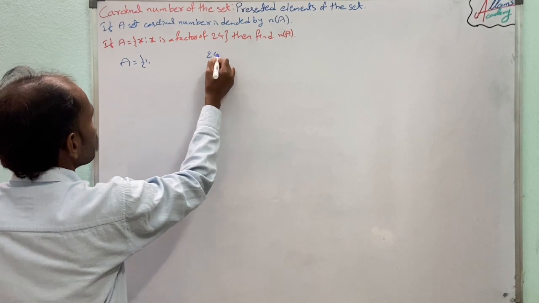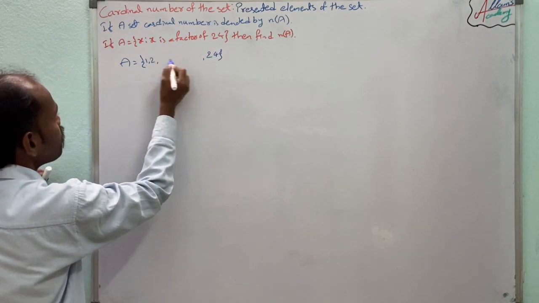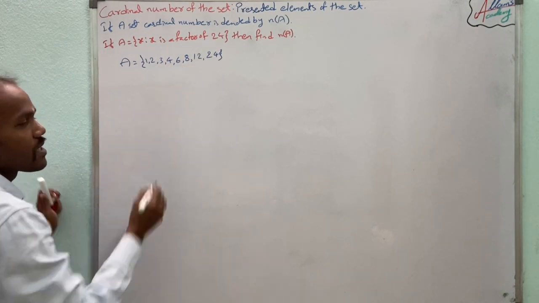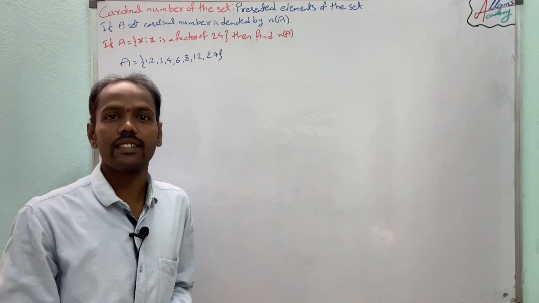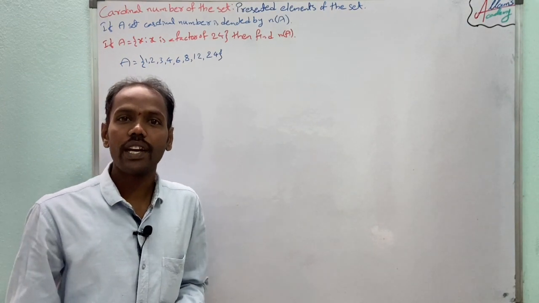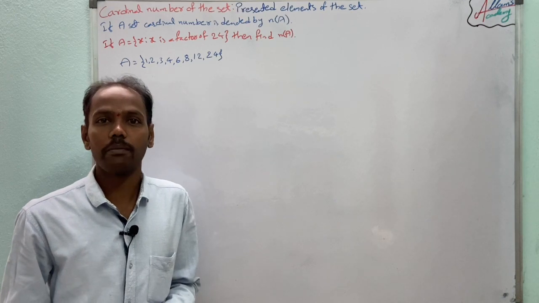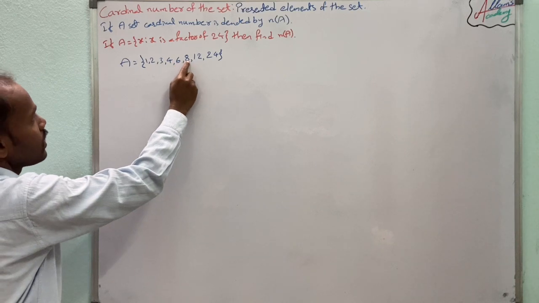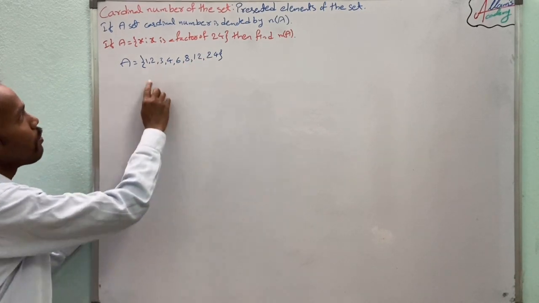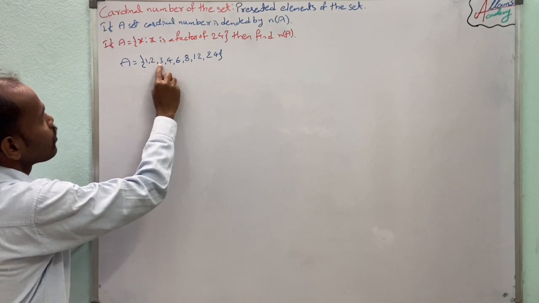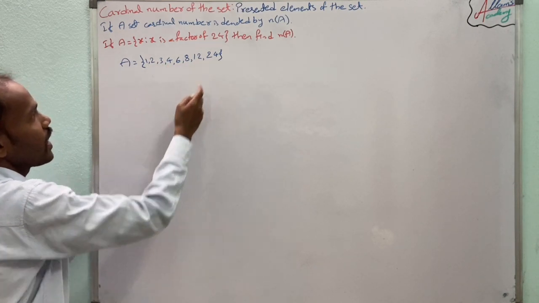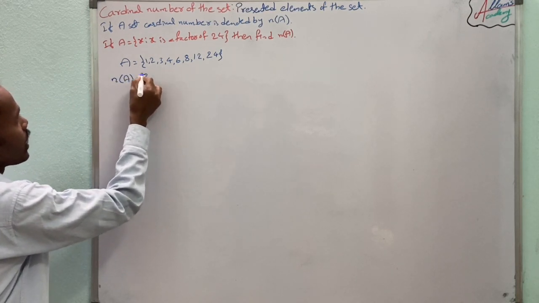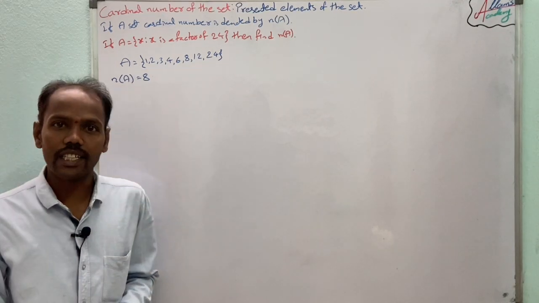Factor means, as we discussed in our previous class, the tables in which the given number comes. So the factors of 24 are 1, 2, 3, 4, 6, 8, 12, 24. Now how many factors are there? 1, 2, 3, 4, 5, 6, 7, 8. So the cardinal number of the set is n(A) equal to 8.